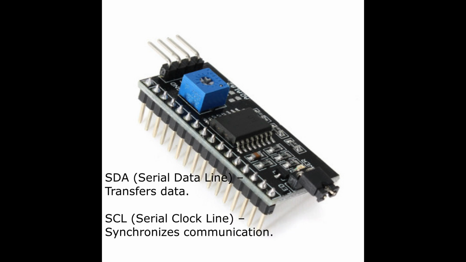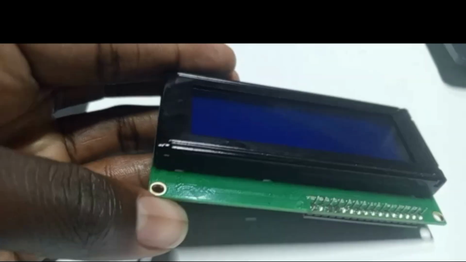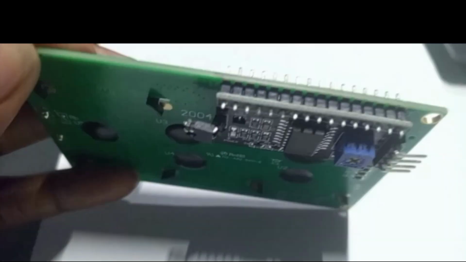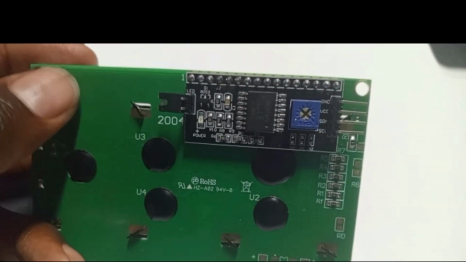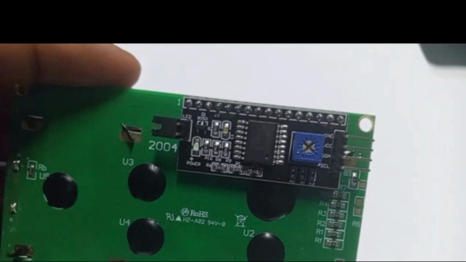The 2 wires are the SDA, which is the serial data line that transfers data, and the SCL, the serial clock line that synchronizes communication. For the I2C example, I am going to be using this 20x4 LCD, and as you can see, the I2C is connected directly to the LCD, and this is how the I2C is also connected to the 1602 LCD. So now how do we connect it to the Arduino?